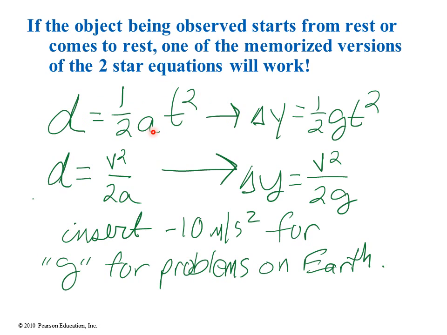And for acceleration, since the acceleration is in the Y dimension, we're going to use the value of g, which is 10 meters per second squared. And since it's heading down, we'll use negative 10 meters per second squared. So this is what these equations look like over here for vertical problems. So you want to look at this and make sure you feel comfortable with that. If not, memorize it until you get used to it.